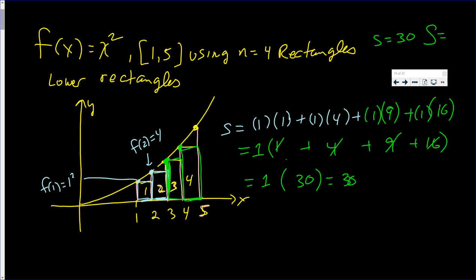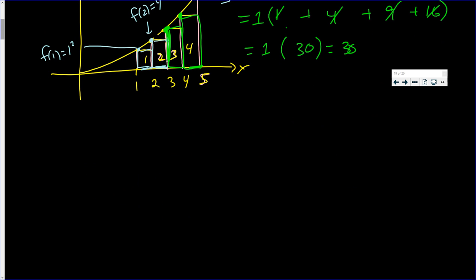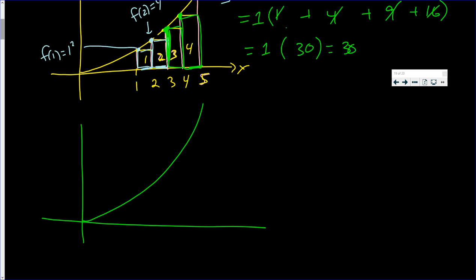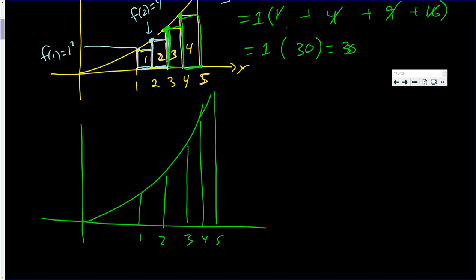Big S is going to be the upper rectangles, excuse me. So we have the same exact graph, and we're still going from 1 to 5, 2, 3, 4, and 5.